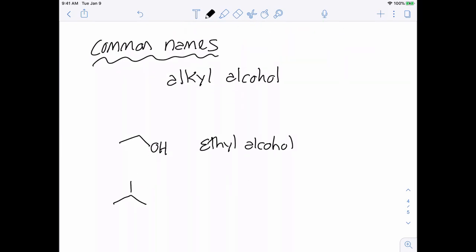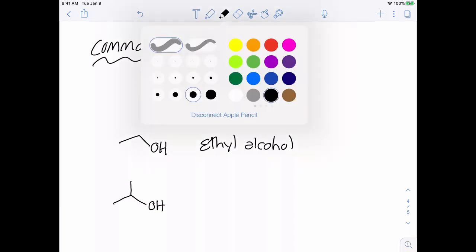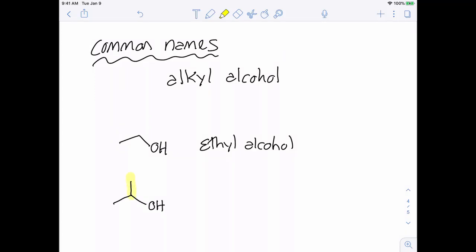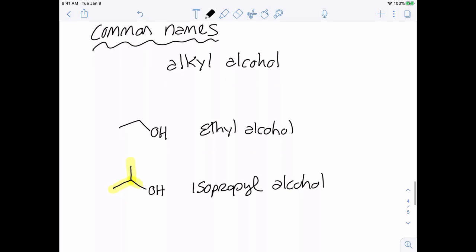One that is commonly used is this one. If I was just to look at this part and name that as a substituent because it's bonded to the middle carbon, it would be an isopropyl group. So this would be isopropyl alcohol. Rubbing alcohol is usually somewhere around a 70% solution of this, and it'll say isopropyl alcohol or isopropanol on the bottle.